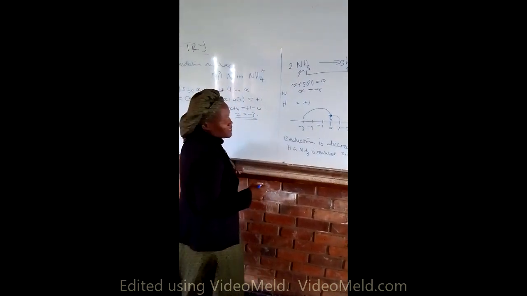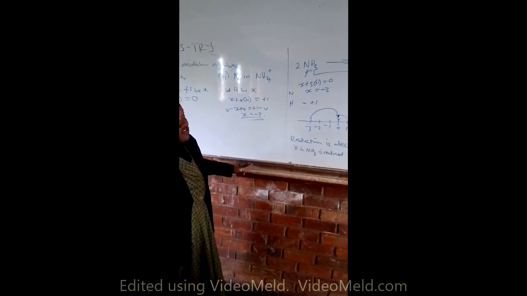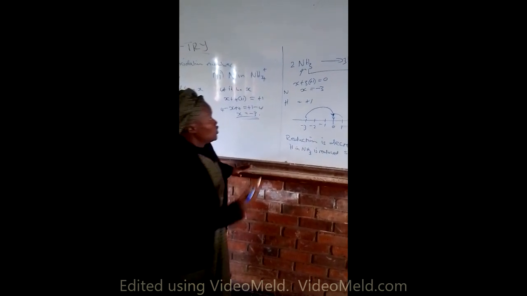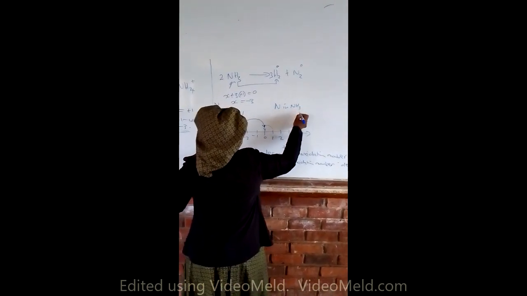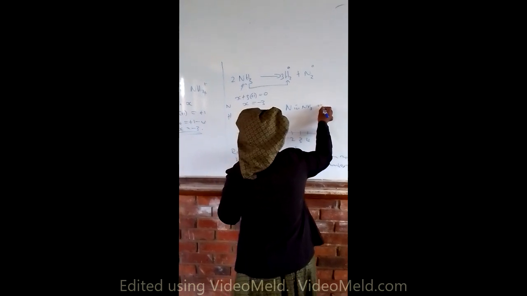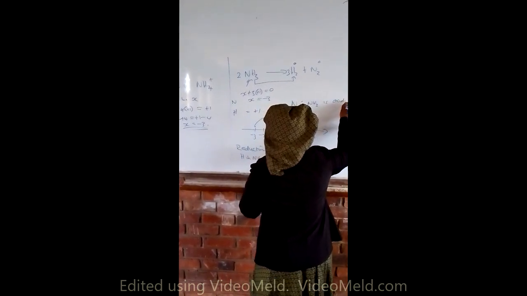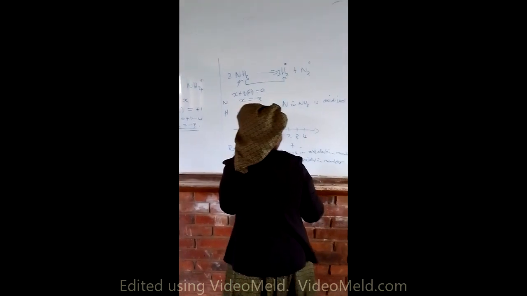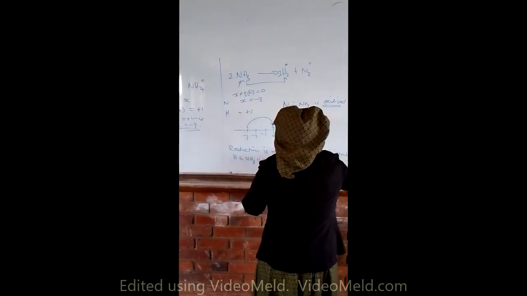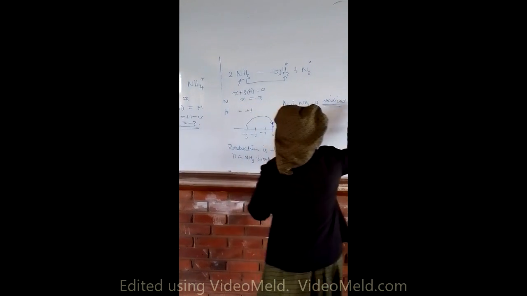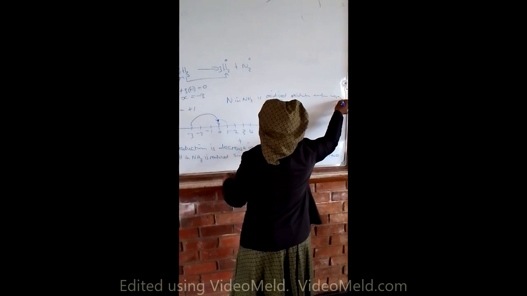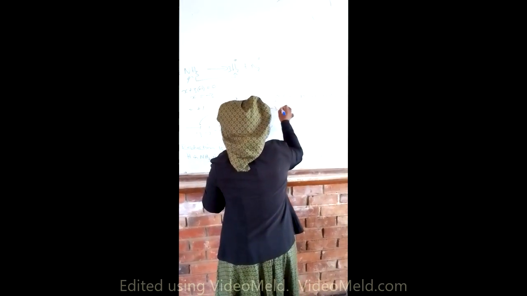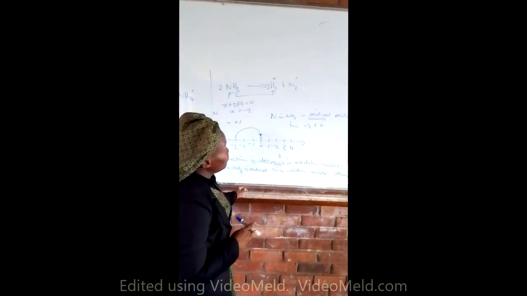So what has happened? Are we increasing? We are moving in the positive direction. Hence we are increasing. So the nitrogen in ammonia is oxidized, because the oxidation number increased from -3 to 0.